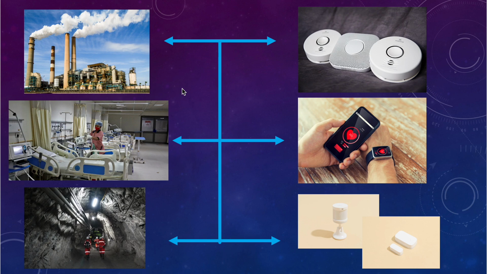These IoT devices will be connected to a centralized network where the control room, or even through the internet, remote control rooms or managers can keep an eye on the health of the people who are working there.